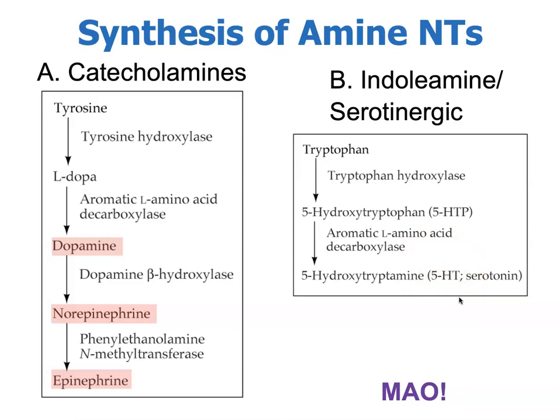This tryptophan is taken up by neurons using transporters, and then it will be converted into 5-hydroxytryptophan using tryptophan hydroxylase. So all of the neurons that utilize serotonin would have tryptophan hydroxylase in them. We find serotonin is utilized throughout the nervous system, but we particularly find it within the enteric nervous system of the gastrointestinal tract and the central nervous system, particularly within the raphe nuclei.